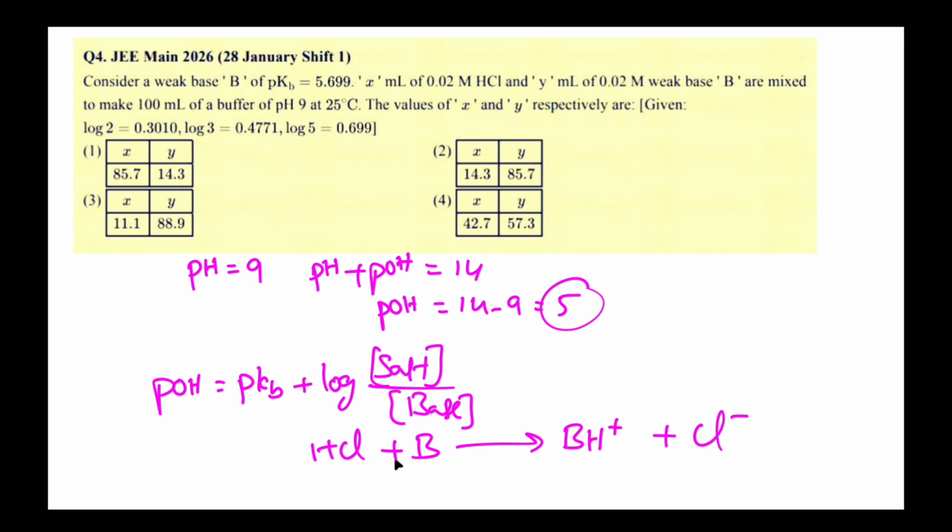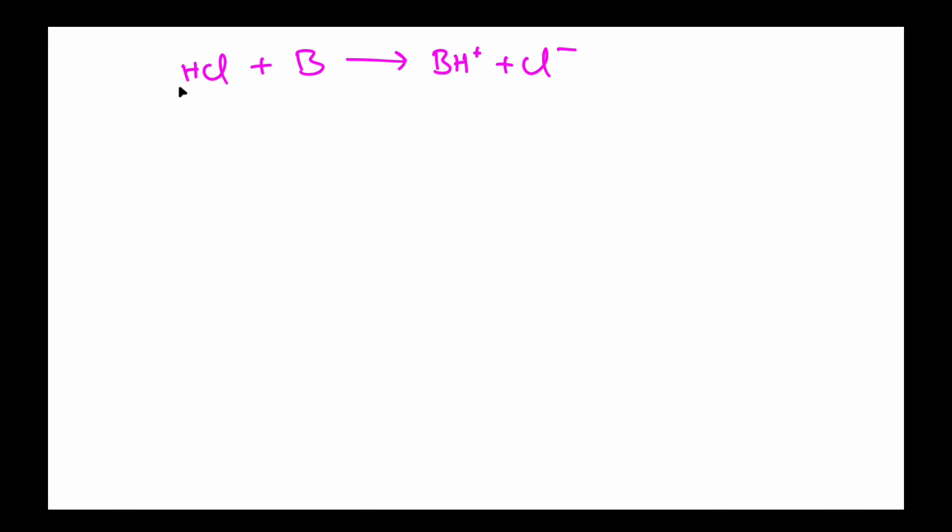This is the reaction between weak base and strong acid. So 0.02 molarity of HCl, X milliliters, is treated with 0.02 molarity of weak base, Y milliliters.